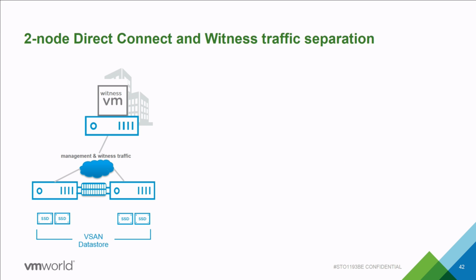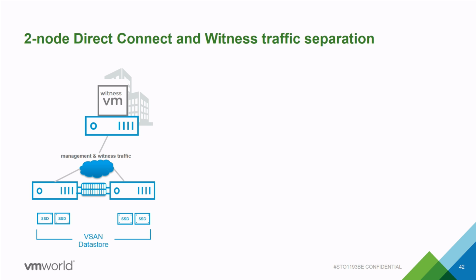We came up with two-node direct connect half a year ago. 6.5 was the very first version. Basically, we want to get rid of this switch between the hosts. We need just two hosts. Most of the hosts have copper. Why not use those coppers and connect them directly?